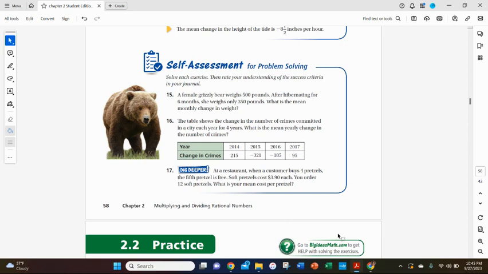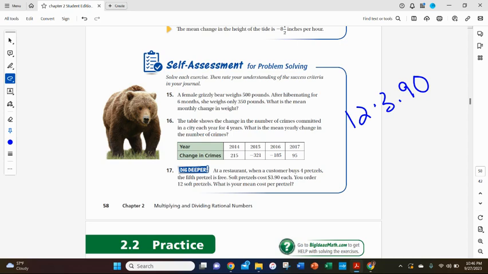So if I order 12 pretzels, I would wonder personally, does that mean I'm only getting 12, or does that mean that if I buy 12, am I paying for 12? It really isn't clear in what it's saying, but if I'm paying for 12, that means I have 12 times $3.90, right?